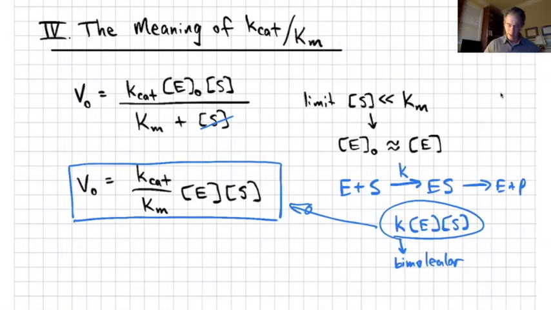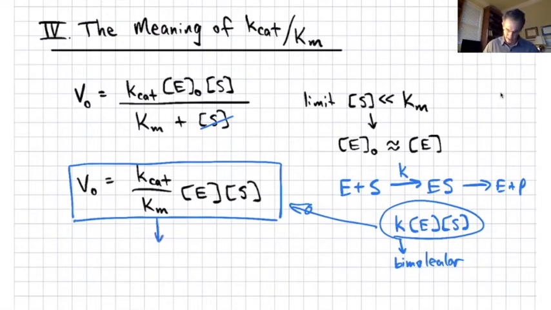Or said another way, kcat over Km tells you essentially how effectively the enzyme interacts with the substrate to make product. And if you look at the units of this expression, it absolutely is a second order rate constant.